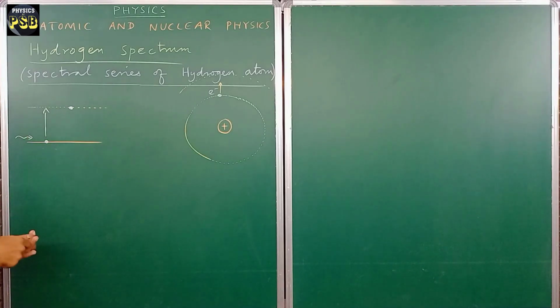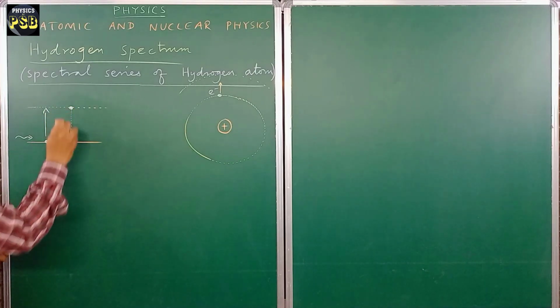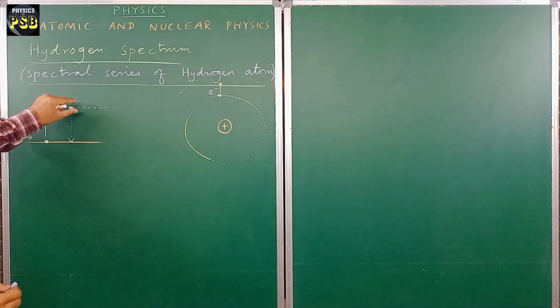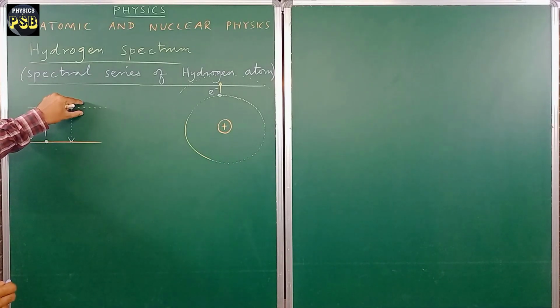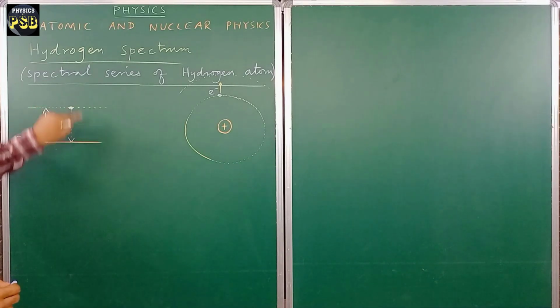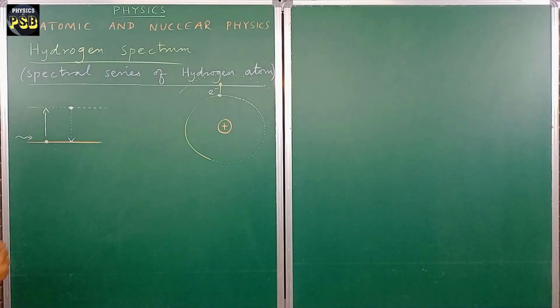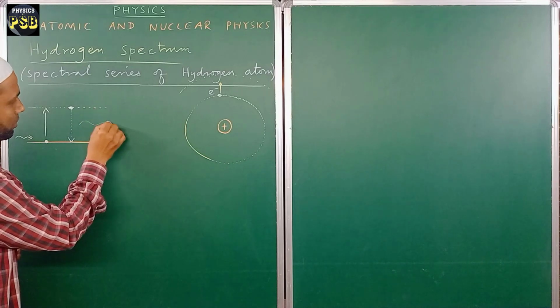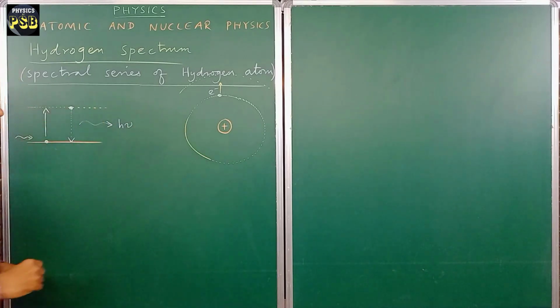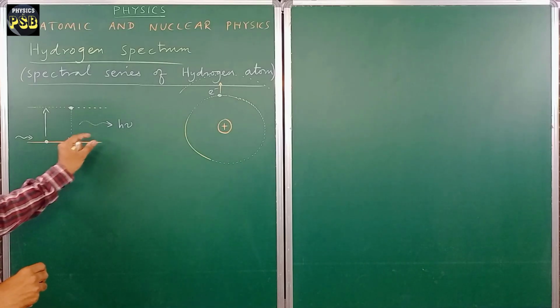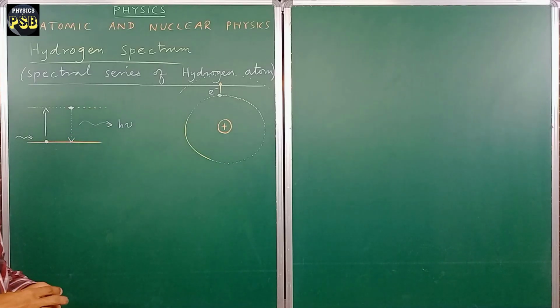When it returns to the lower energy level, the difference in energy between these two levels is emitted in the form of radiation. Clear? This is how we get the spectral lines.